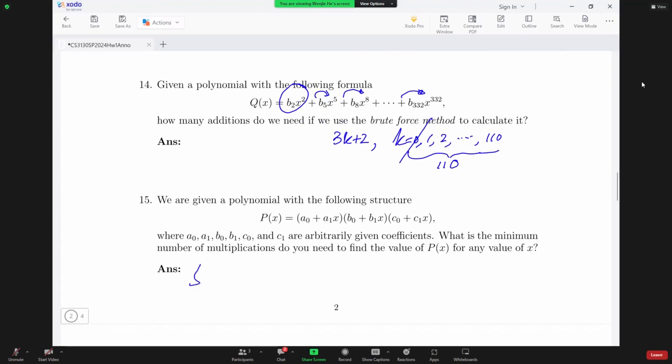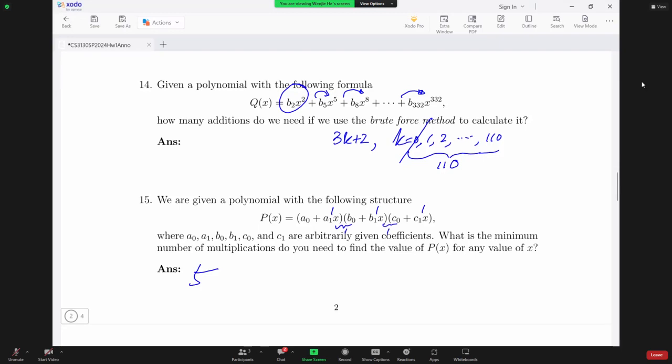The answer is 5 multiplications. Do not expand. If you expand, you need more multiplications. So 1 here, 1, 1. Then between two adjacent parenthesis pairs, 1, 1.